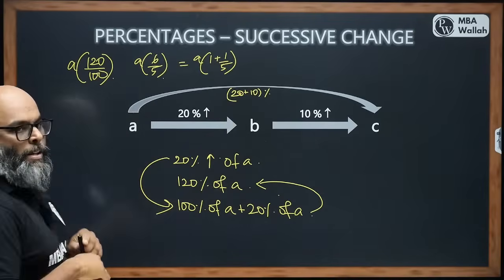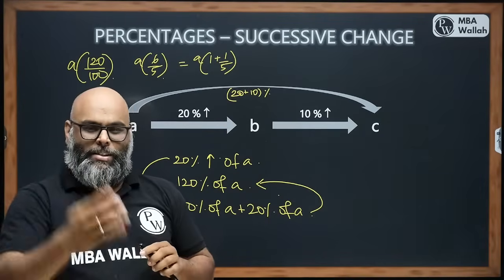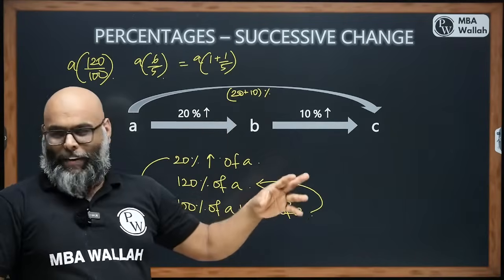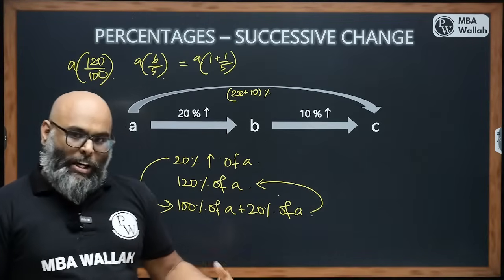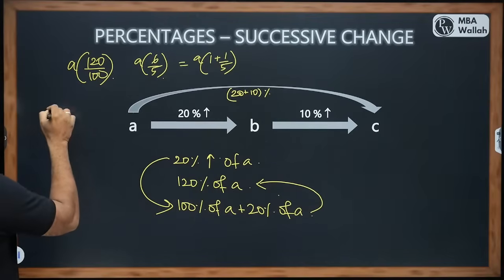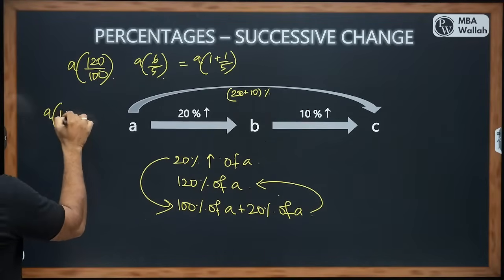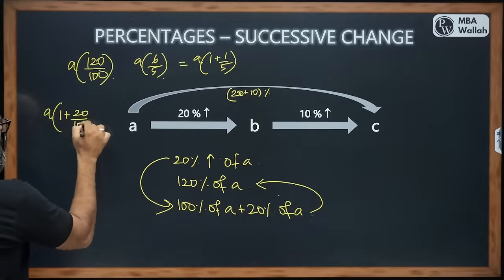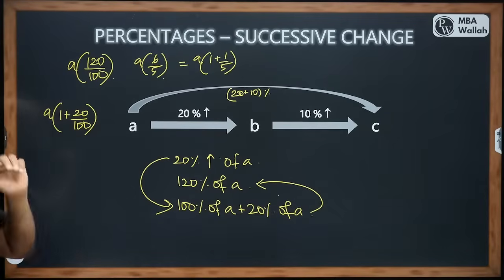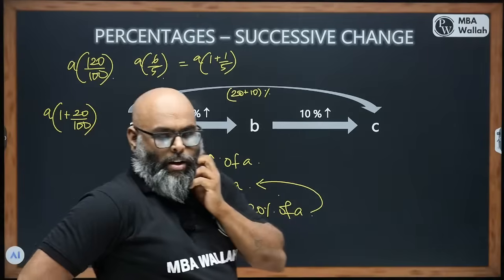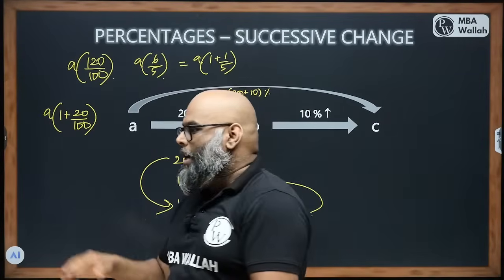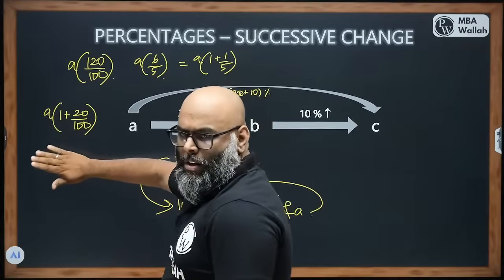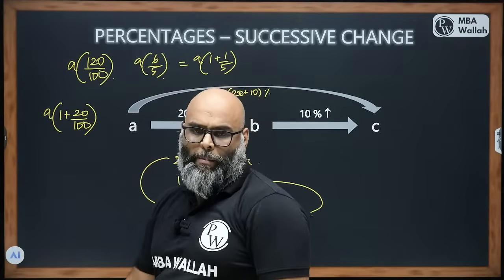What is 20%? 1/5 increase. A into 1 plus 1 by 5 is 6 by 5. You can write this. But the actual way of generally representing it is A into 1 plus 20 by 100, which becomes 120 by 100. A plus 20 hundredth of A. That's A into 1 plus 20 by 100. Clear? This is the conventional way.